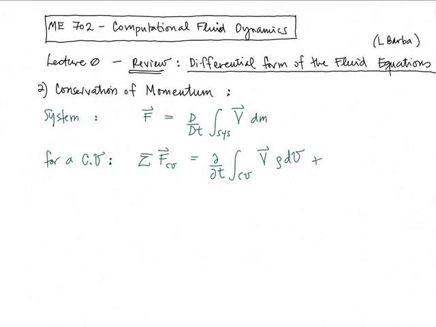And the flux terms. The flux terms are the integral across the control surfaces of the flux of momentum, which is velocity times rho times velocity dot product with the outward normal and multiplied by an element of area. This is our flux of momentum.